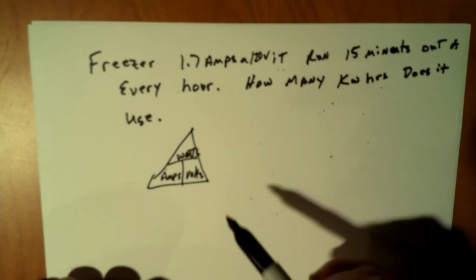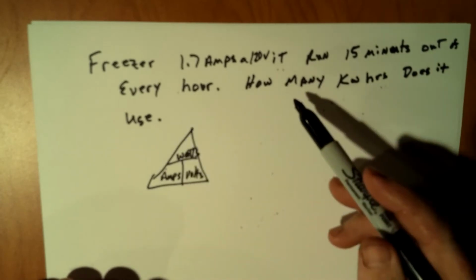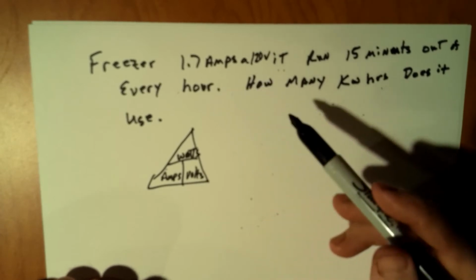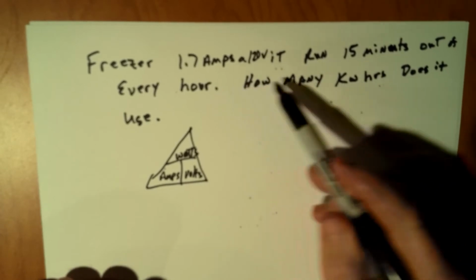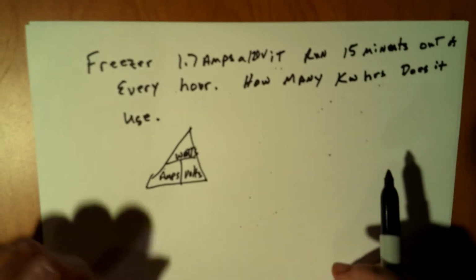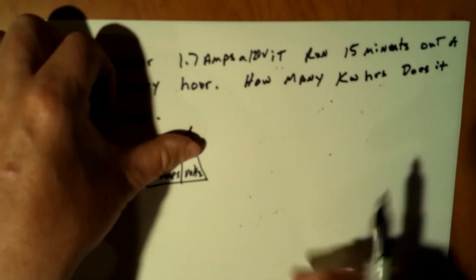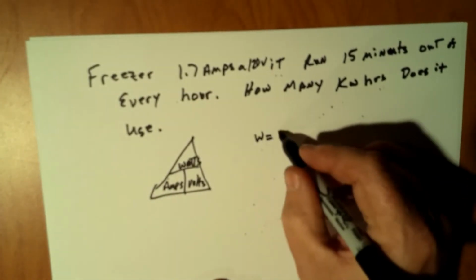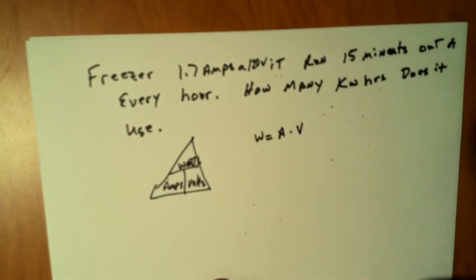Okay, we're back. We look at that. We've got 1.7 amps. We've got 120 volts, so we know the amps and the volts, but we need to know the watts so we can do kilowatt hours. So watts equals amps times volts.